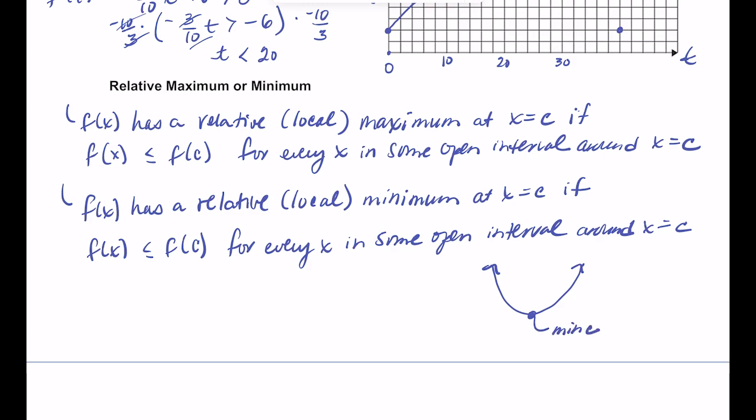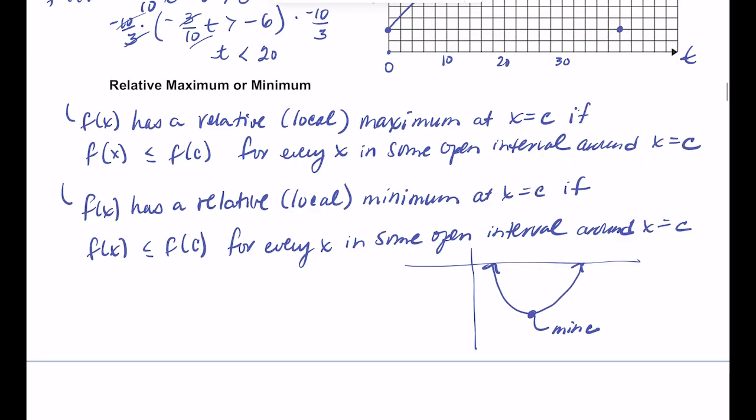Let's pretend here's our x-axis, here's our y-axis. This value right here is where x is equal to c, and this function is f of x. This value here would be f of c. So we know that there's a local minimum when f of x, these y values, are greater than f of c. F of c is the lowest point there.